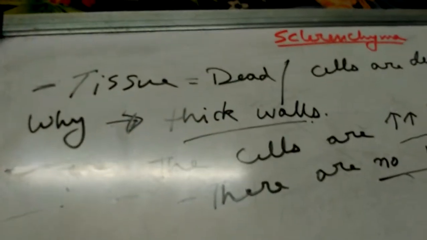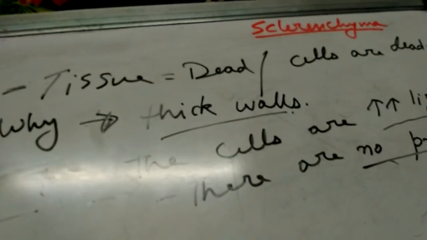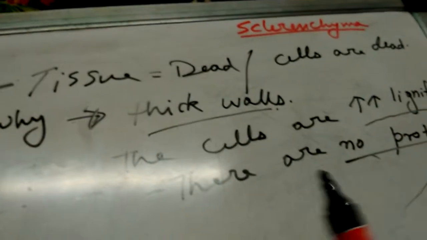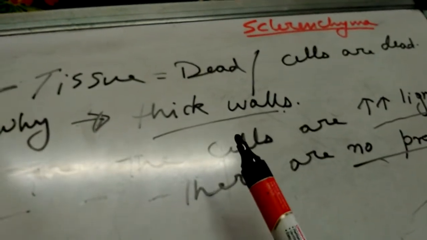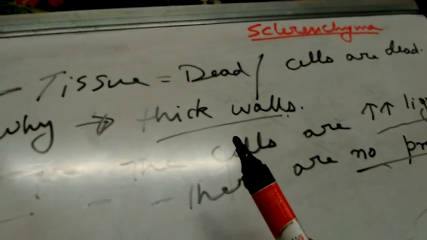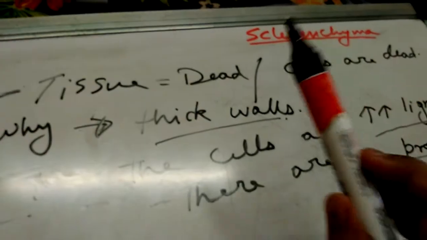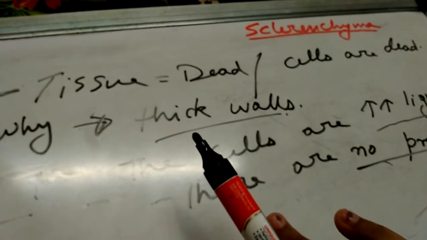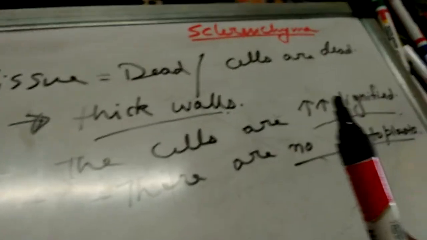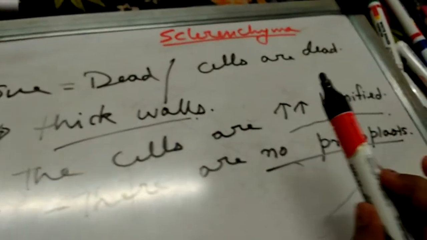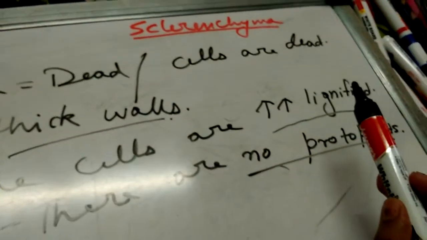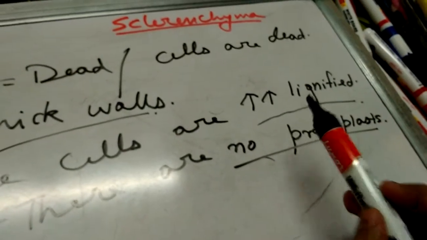So there are three main points explaining one another very well. If the cells are thick walled, then they are meant to be dead. If the cells are dead, then they have thick walls. If thick walls, then the walls are highly lignified, that is, lignin deposition is very prominent.